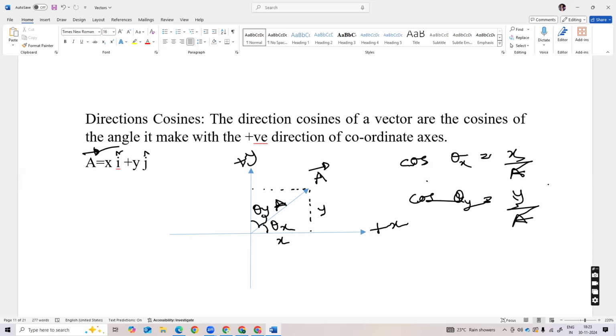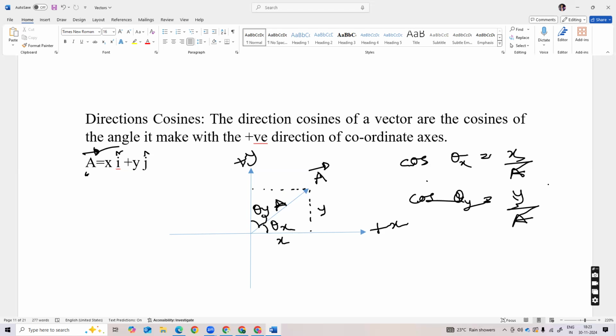So for this given vector A, cos theta x and cos theta y are its direction cosines. These are the cosines of the angles made by this vector A with the positive direction of the coordinate axes.